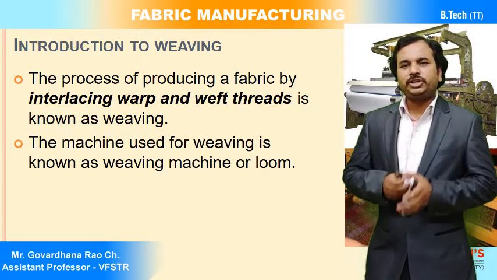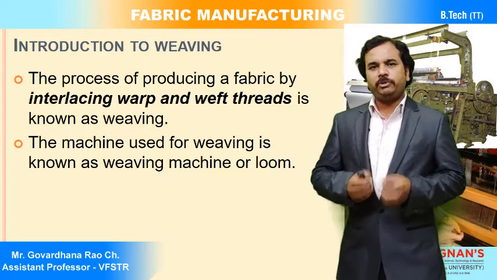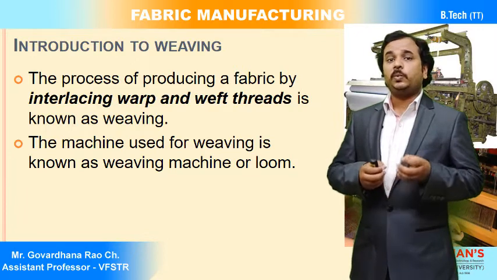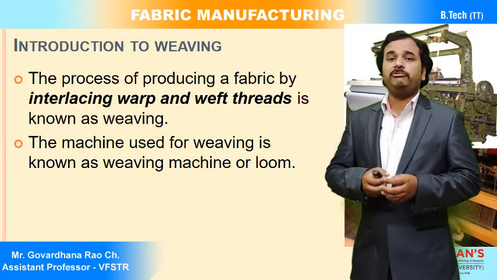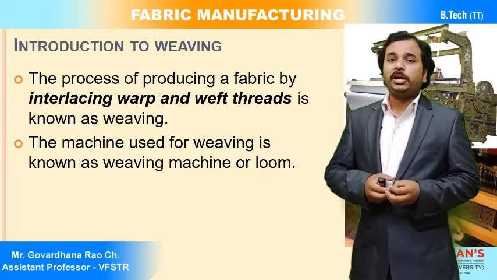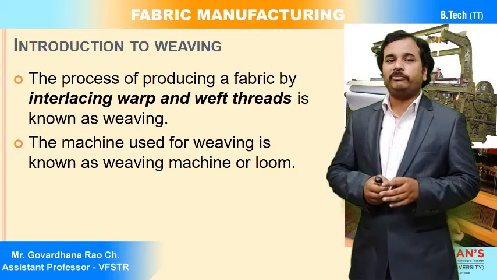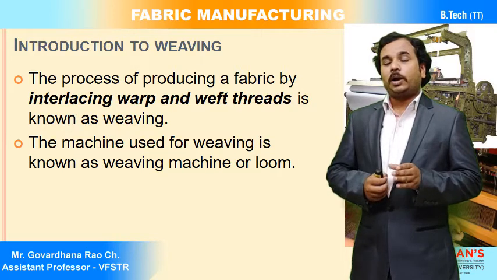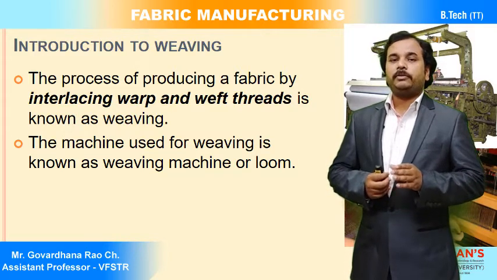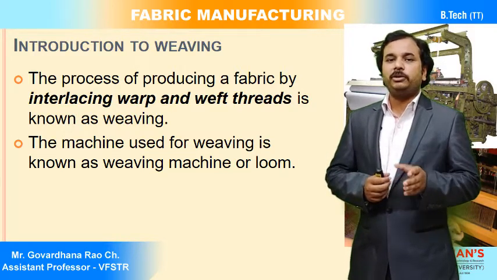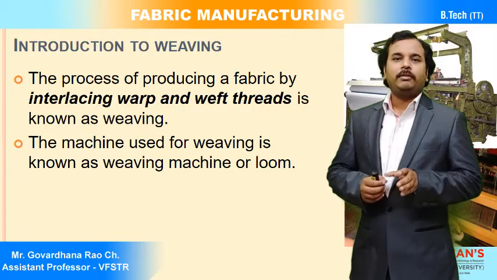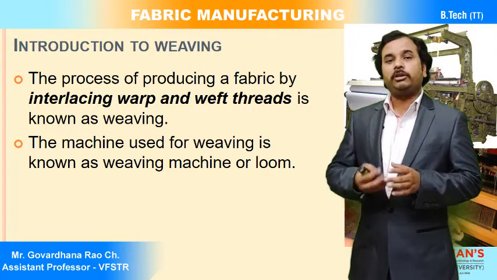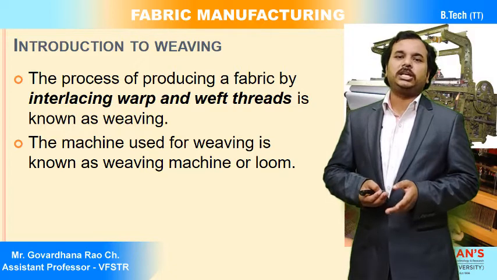So the machine which is used for the weaving, so weaving is nothing but interlacement of warp and weft. What is the machine we are using? The machine which is used for the weaving process is known as a weaving machine, or we can say the loom.